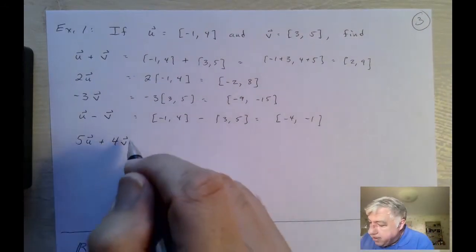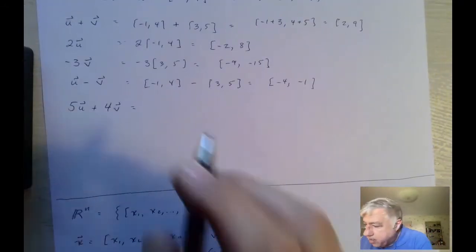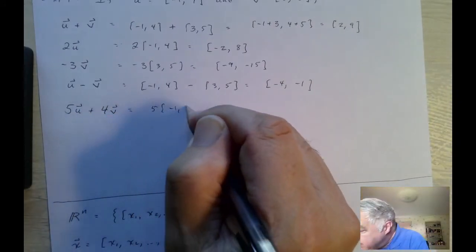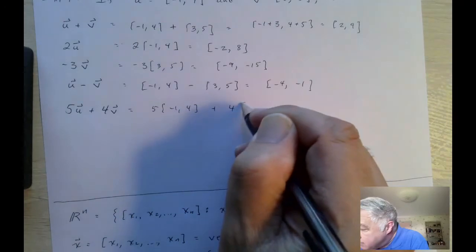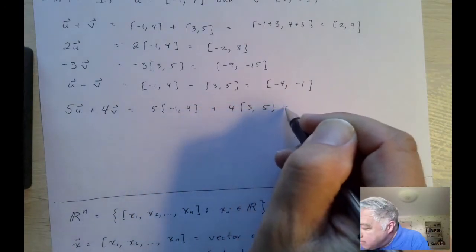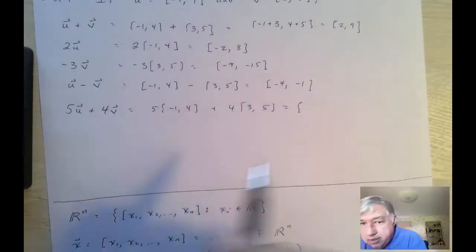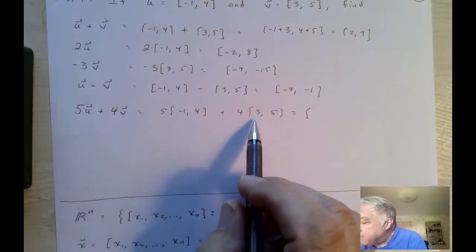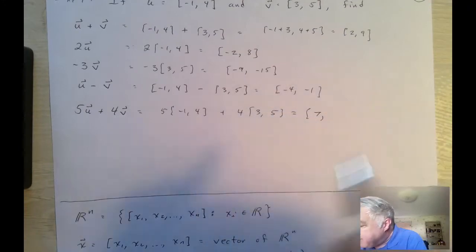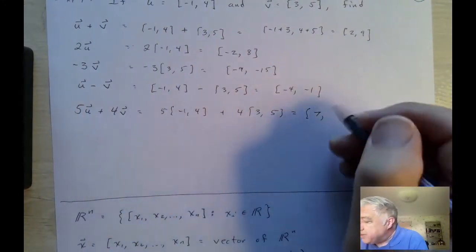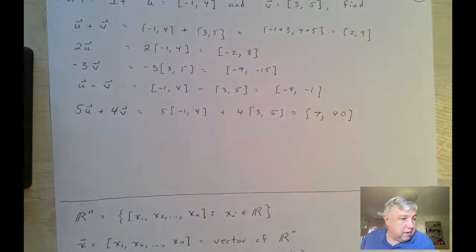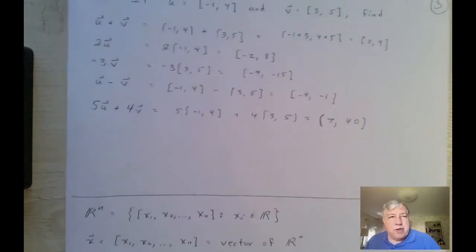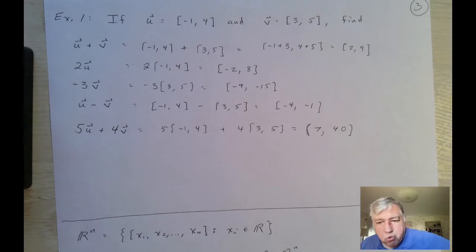And then finally, 5u plus 4v, I think this would be negative 5 plus 12, which is 7, and then 20 plus 20 is 40, I think. So we get 7, 40. So really this is just arithmetic, you're just doing it with two coordinates instead of one.